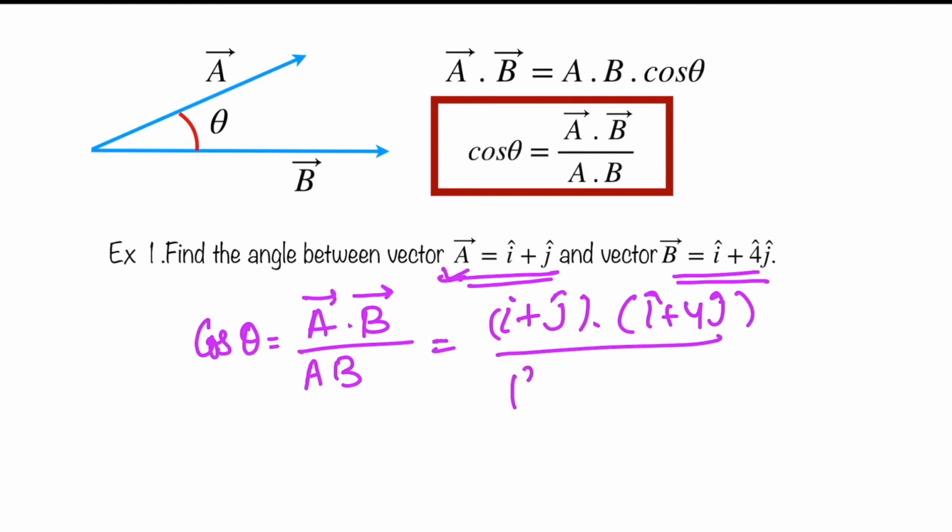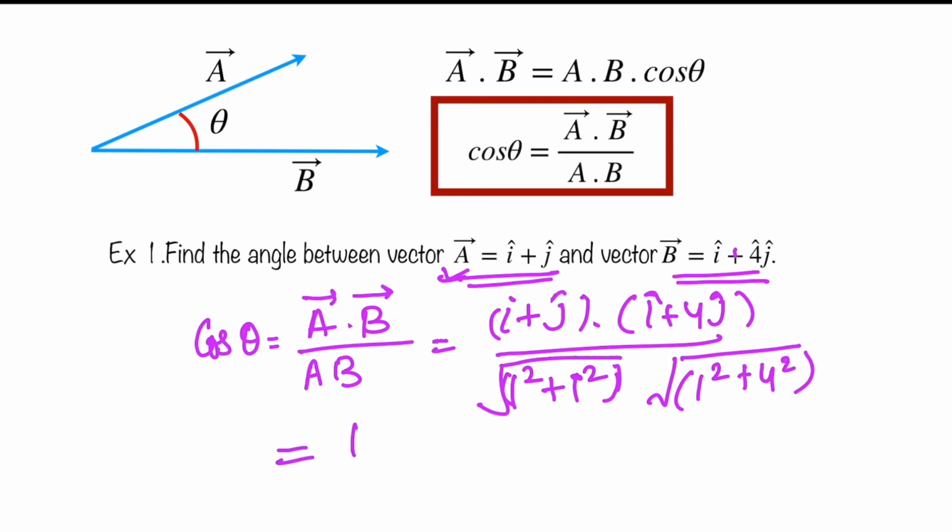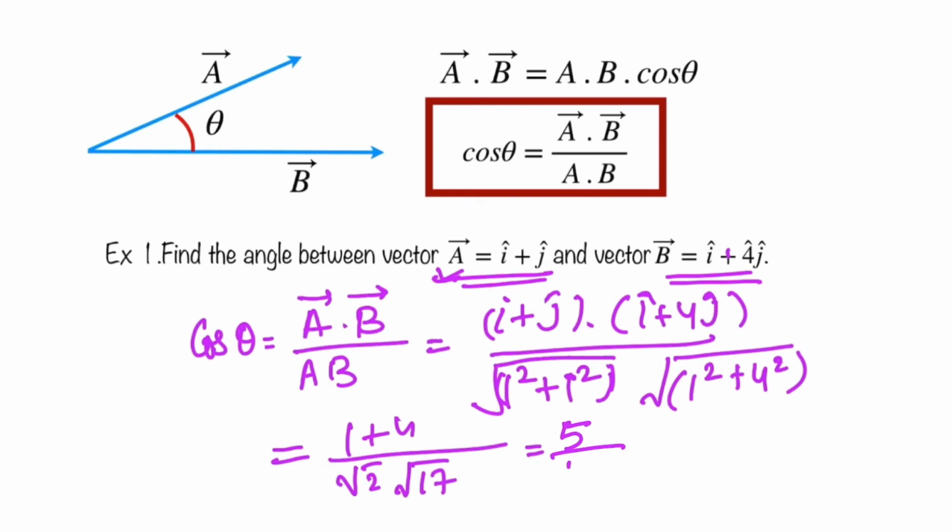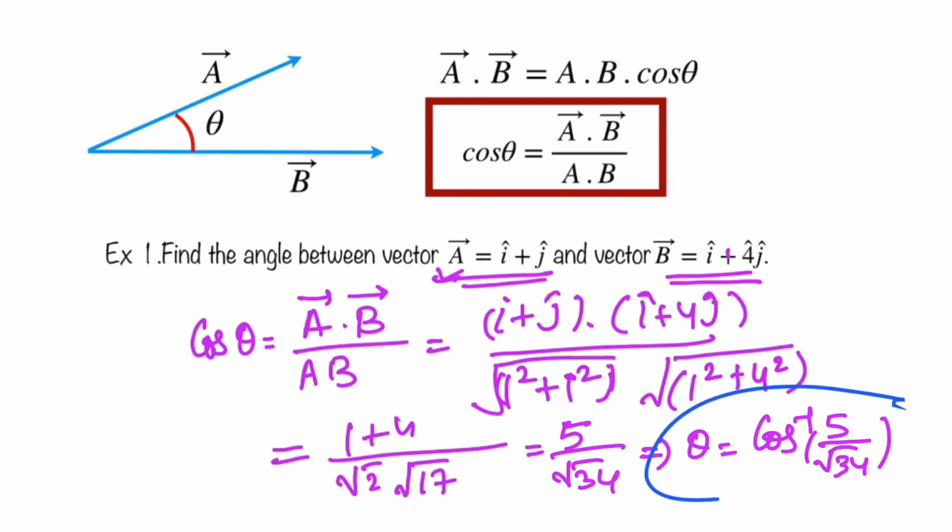Vector A has magnitude square root of 1 squared plus (-1) squared, and the magnitude of vector B will be square root of 1 squared plus 4 squared. This results in (1 + 4) divided by square root of 2 and square root of 17, which equals 5 by root 34. That means theta is equal to cos inverse of 5 by root 34, and this way we can find out the angle between two vectors.